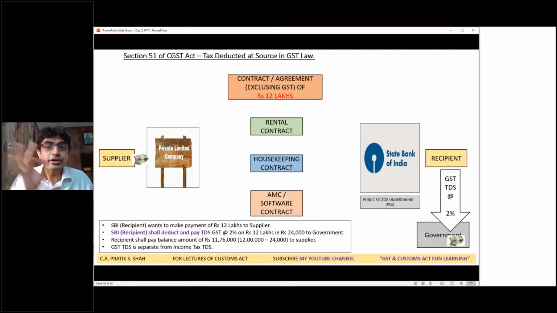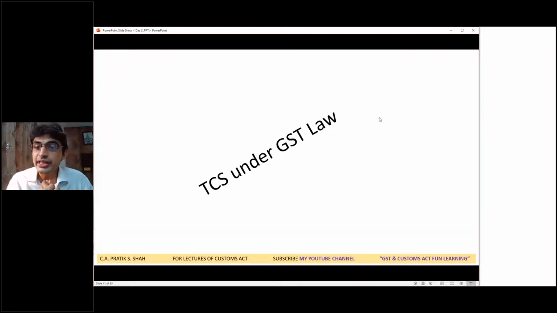When the contract value between me and the government or PSU is above 2,50,000, then only TDS is applicable, else not applicable. So this was TDS in GST law.